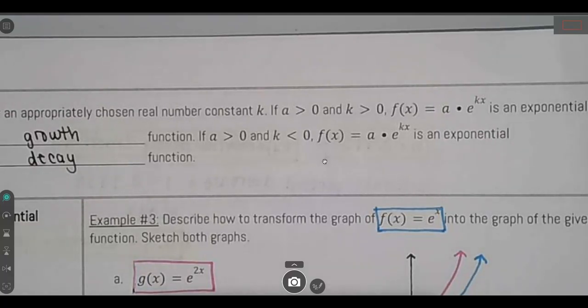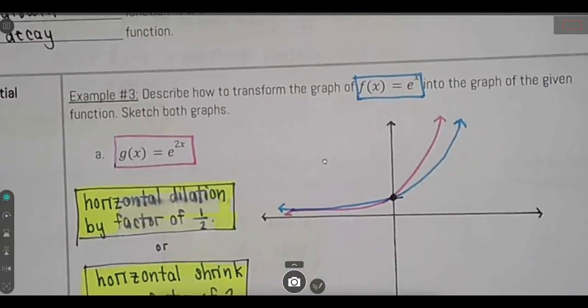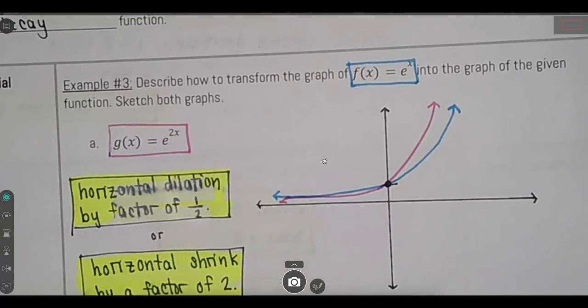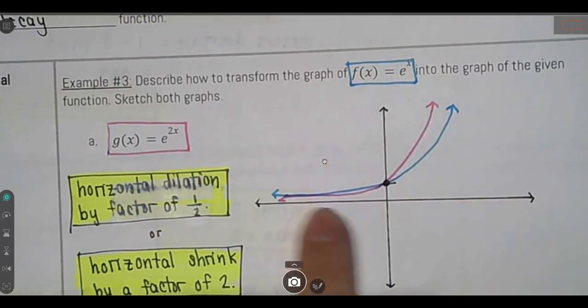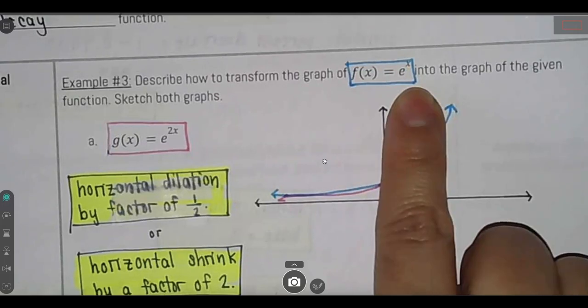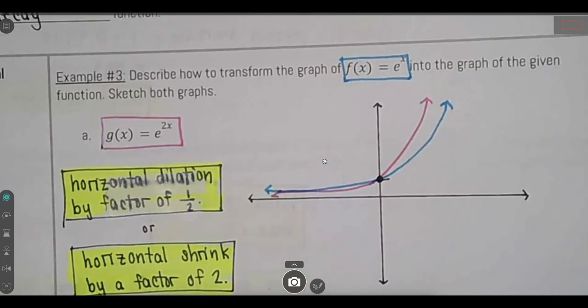Okay. Alright, so example number 3, we get into graphing exponential functions. So what I've done here, as best as I can, the blue graph is e to the x power, and then the pink graph is the transformed graph.